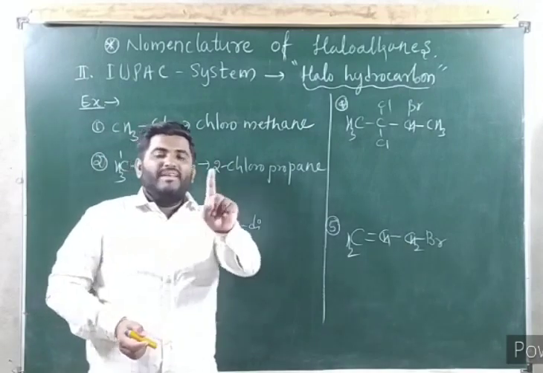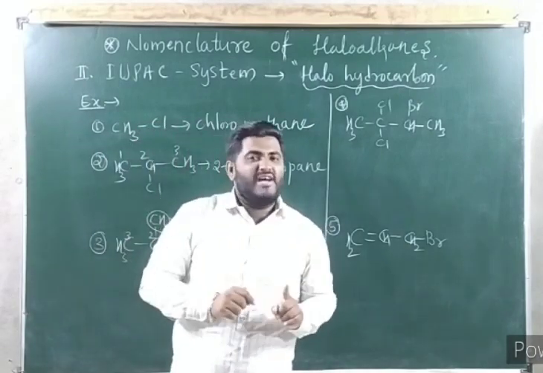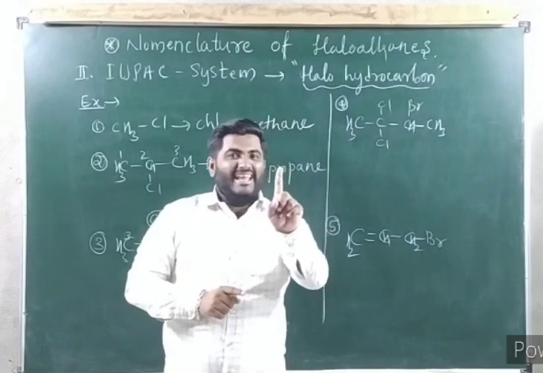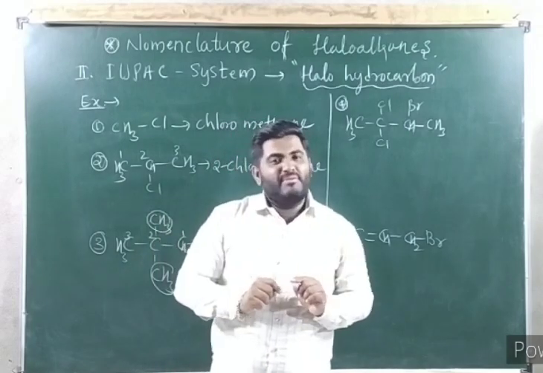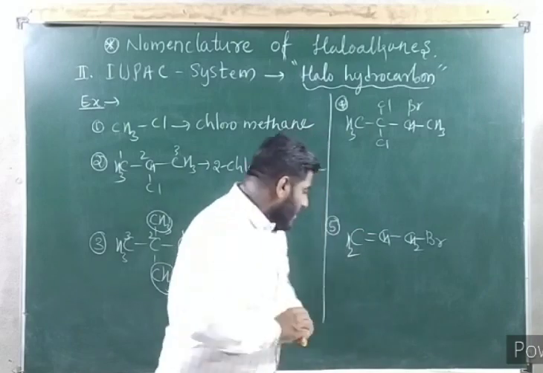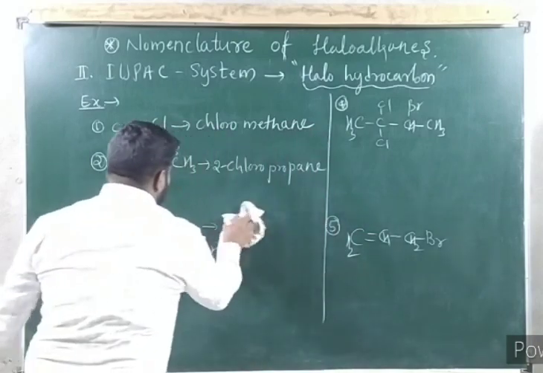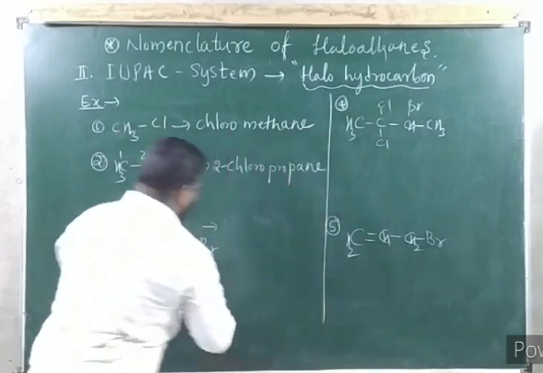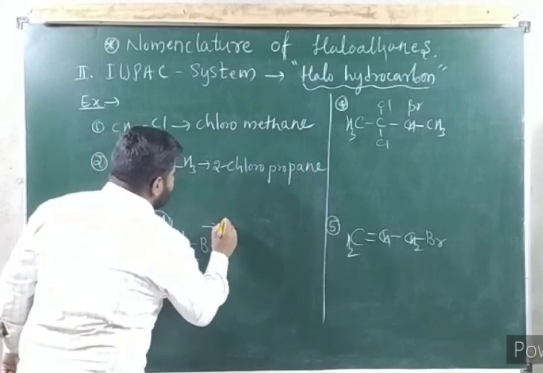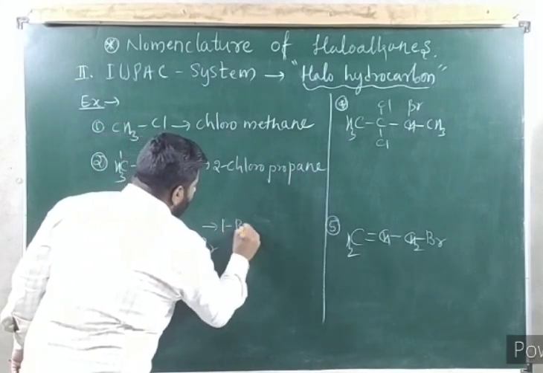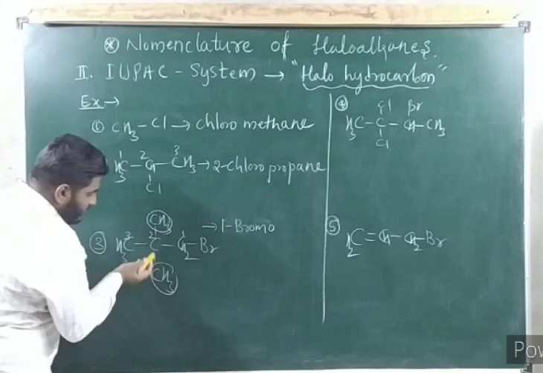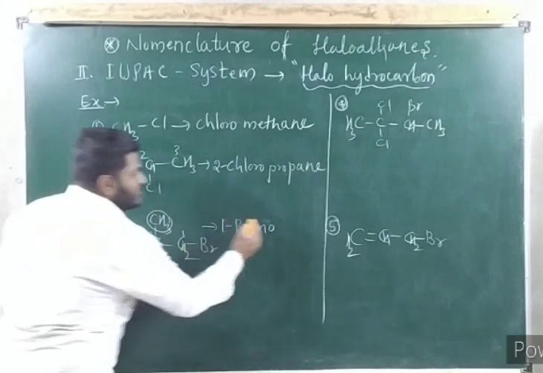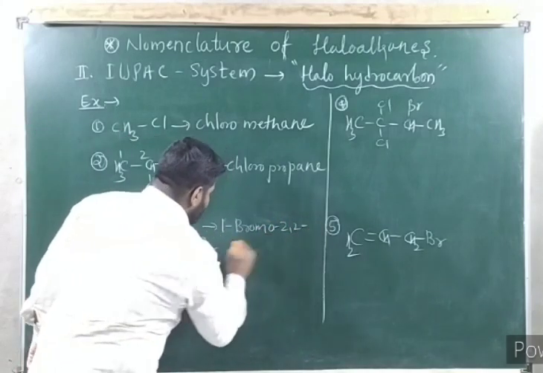So methyl comes first or bromo comes first, alphabetical order. Methyl is M, bromo is B. In alphabetical order, bromo will come first. So we have to write bromo first, not 2,2-dimethyl. Sorry for that. What you have to write? 1-bromo. Yes, 1-bromo. Next, second position 2 methyl. So 2,2-dimethyl.